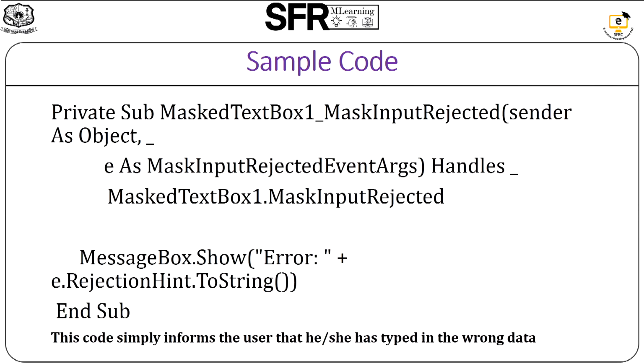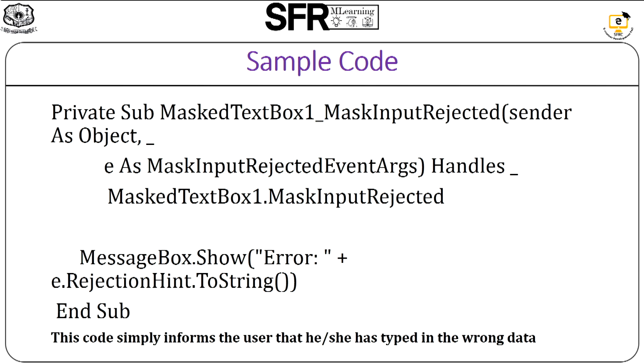Next we are going to see a sample code, how we can insert a masked text box and what we should give in the masked text box. This code simply informs the user that she has typed in wrong data, as in the case where I have entered letters instead of numbers. Here this code actually gives an error message because instead of letters I have used numbers.